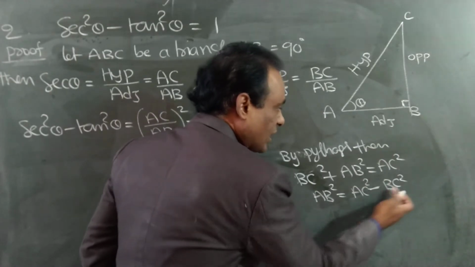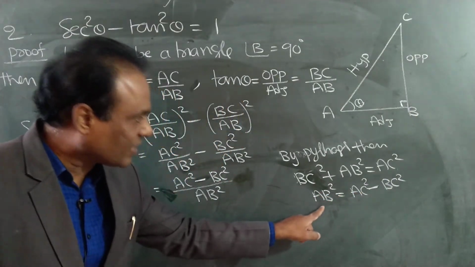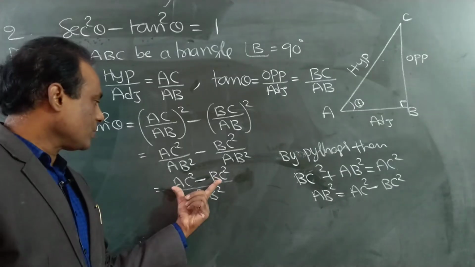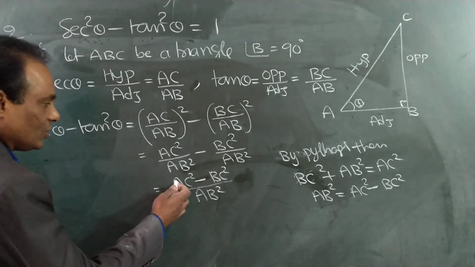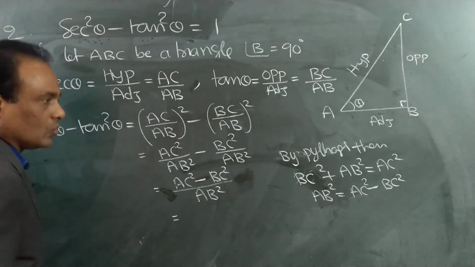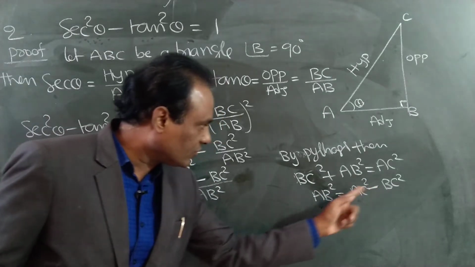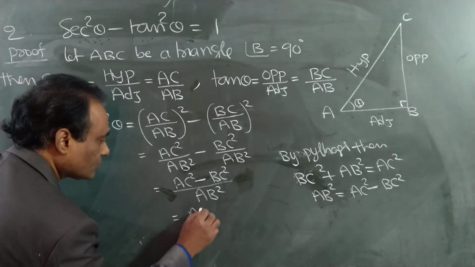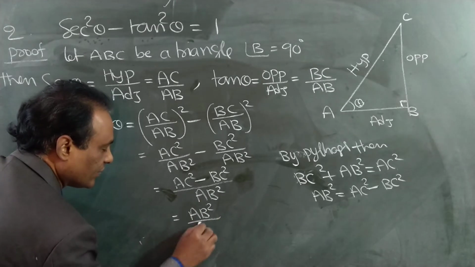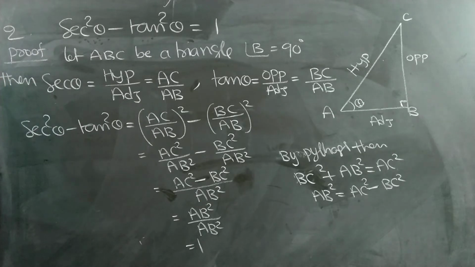So the complete numerator, AC square minus BC square, is equal to AB square. The denominator is AB square. Cancel, the answer is 1.